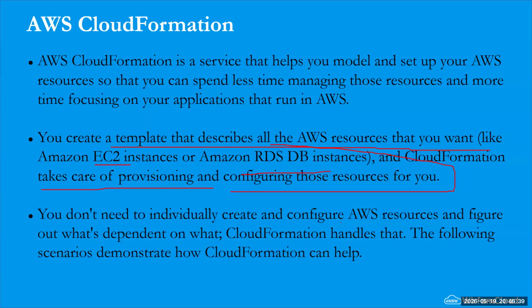So looking at the resources you have defined, it will understand the dependency and know which one to create first, right? So that there's not a situation where it tries to create an EC2 instance and realizes that the specified VPC has not been created, and then maybe it crashes. CloudFormation is able to understand and deal with that. You don't need to worry about that.